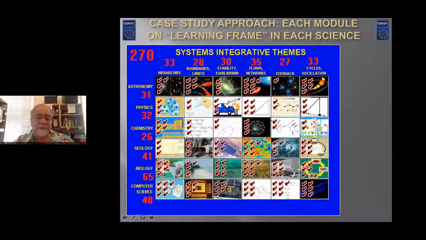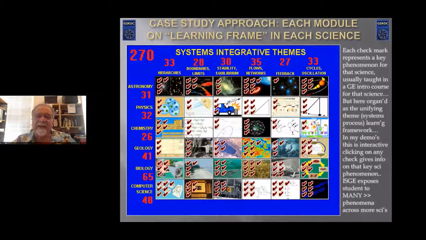There's a lot more now, incidentally. And so we had 41 phenomena that we studied in geology. So when you brought this to the faculty and said, okay, they're going to get all of these phenomena across all of these isomorphies, they would be convinced that it would be a good course of study for science.